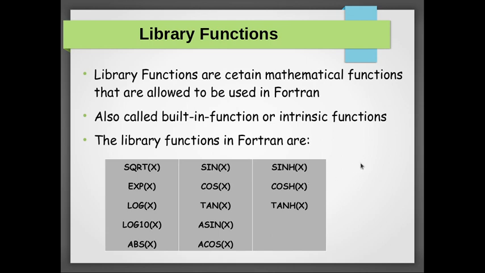So you may be asked, what are library functions? What are the different library functions that are used in Fortran 77? And what is the mathematical operation they represent? So sqrt(x) simply represents square root of x. Exp(x), e to the power x. Log(x), mathematical operation also is log of x, and so on.